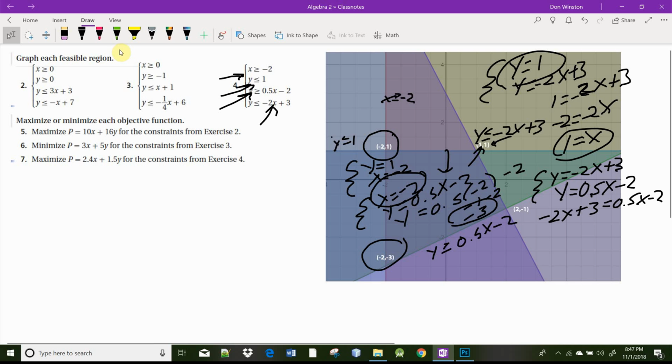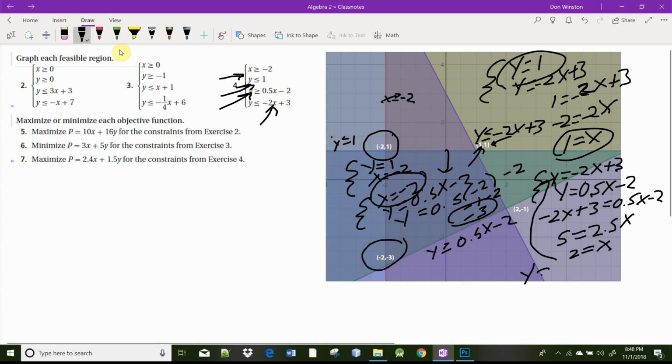Alright, so I'll add 2 to both sides, and I'll add 2x to both sides, so I'll get 5 equals 2.5x, or 2 equals x. Okay, so x is equal to 2. So I'll substitute. I'll just take 2 and plug it into that equation there to get y.